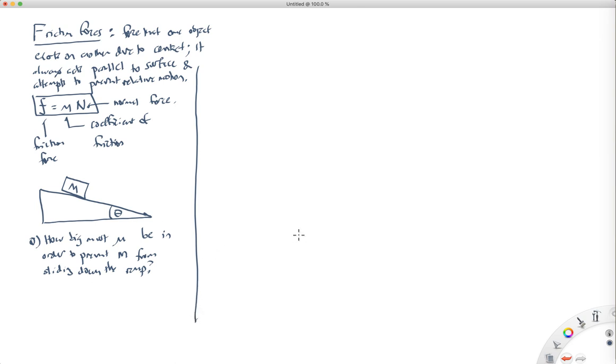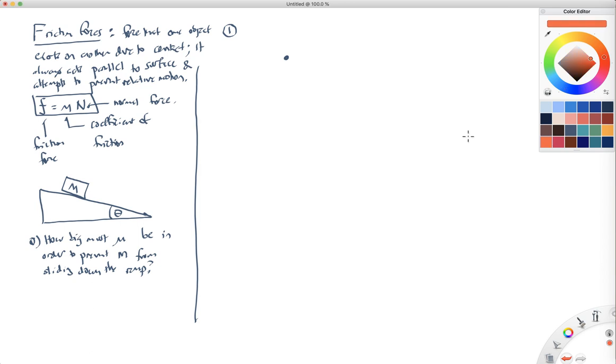As always, we follow our procedure, which starts by setting up a free body diagram for that mass. Let's denote the mass by a dot, and now let's identify all of the forces acting on this mass. Let's start with the easy one. First of all, it's got weight. Here's the weight pointing downward.